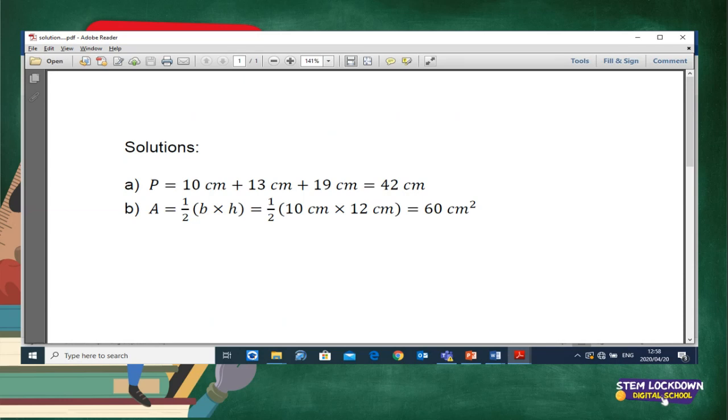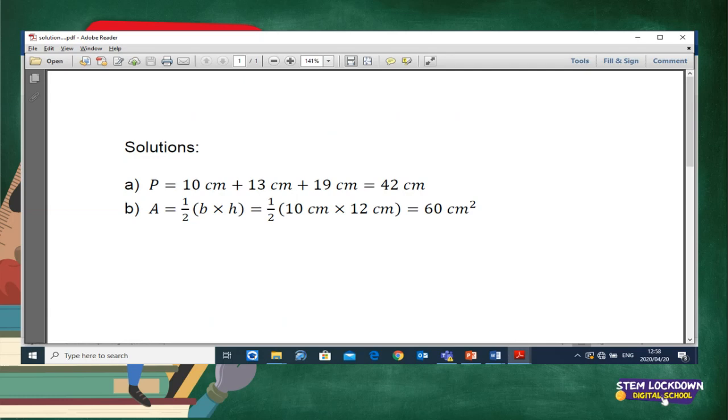Of course, you add your 10 centimeters plus 13 plus 19, as I've said. And this will give you 42 centimeters. That is the perimeter of the triangle. And of course, to come to the area, we have defined the area as half a base times height. So it's half of the base times height.